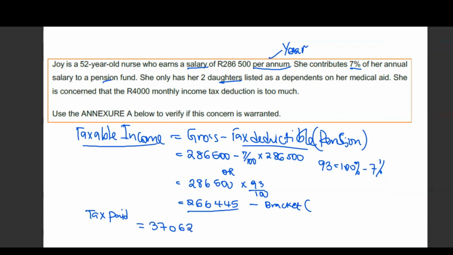And 62,000 plus the 26%, which I will write like this, into brackets, the taxable income you've got now, minus 205,900. Someone would ask, the first example we multiplied by 12. Here we cannot multiply by 12. Why? Because the money is already per annum.